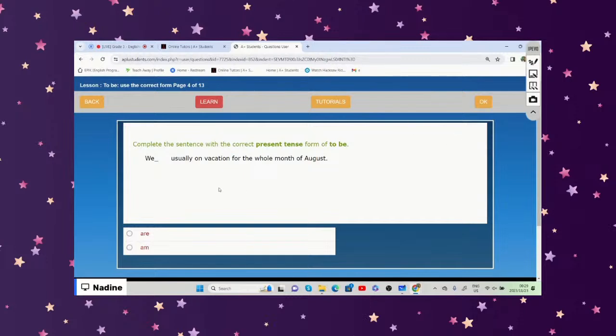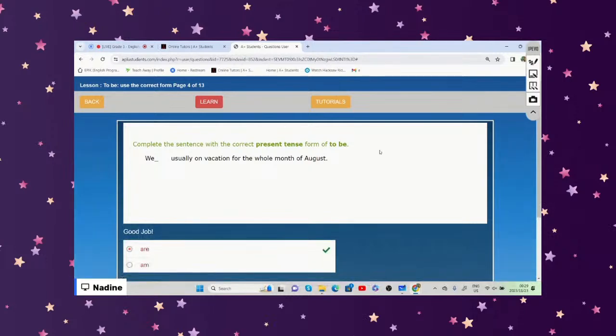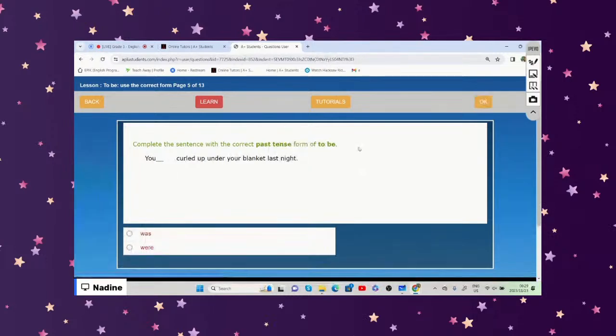If we choose the correct one, we can say "we are", because that's the present tense form. We are usually on vacation for the whole month of August. And that is correct. "Are" is correct, which was the first one.